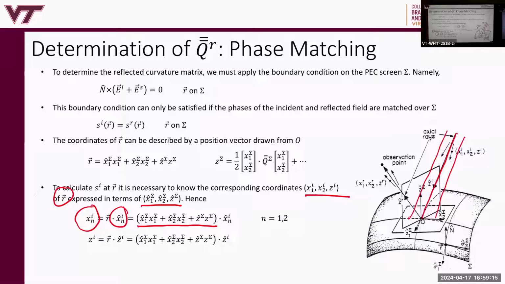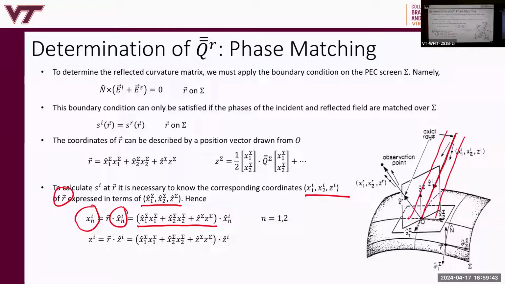Basically, we have an incident pencil, which is a flux tube of rays and has its own coordinate system, axial ray and the x1 incident, x2 incident, right? Now, we can define the phase of this pencil anywhere in the pencil using this coordinate system. But we really need to know what the phase is on that surface. So we need to express these coordinates in terms of these vectors so that we can then find the phase of the incident pencil on the surface sigma.